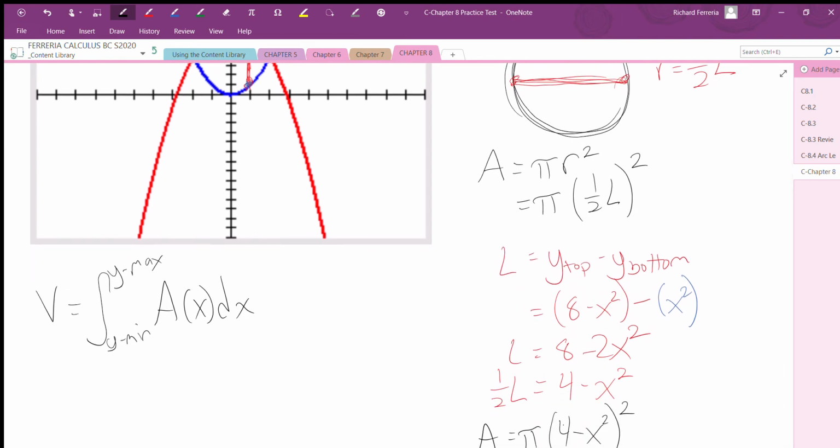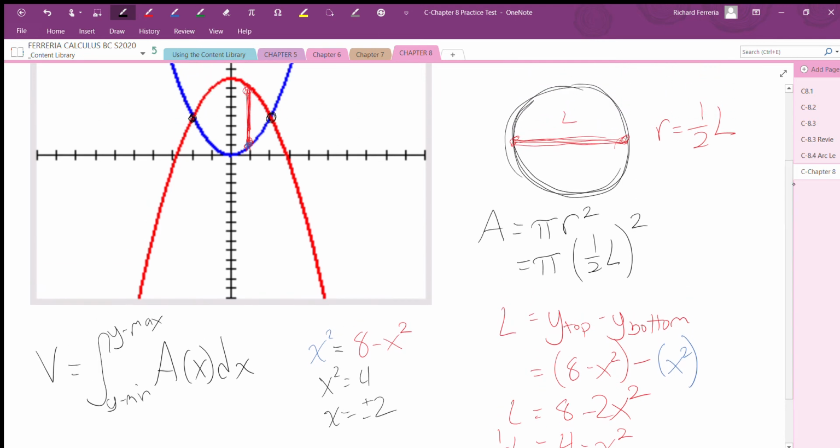So the blue curve, x squared, is equal to the red curve, 8 minus x squared. Quickly, that's x squared equals 4, and we're going to get positive and negative 2 for these coordinates: negative 2, positive 2.